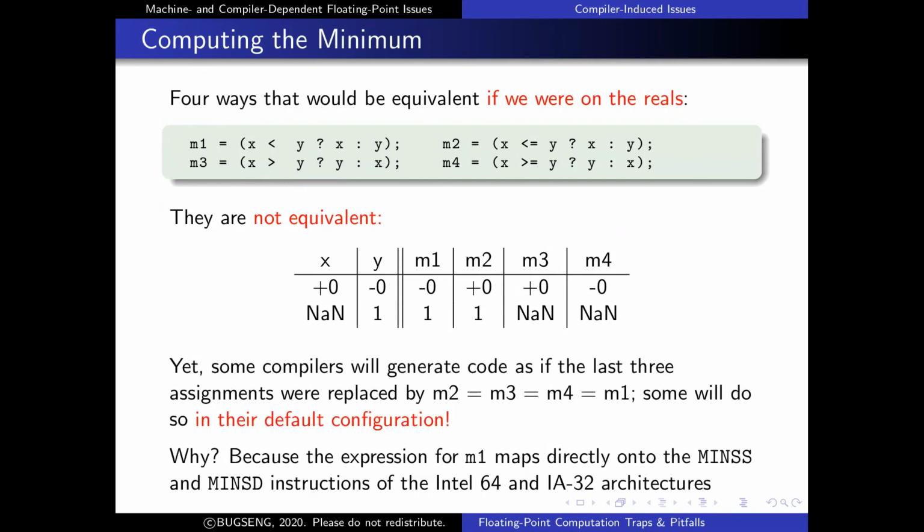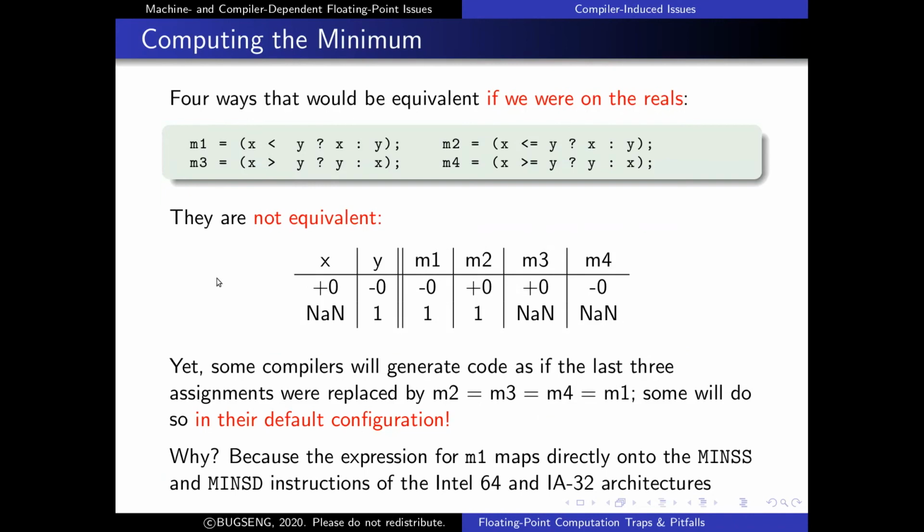However, compilers will generate code as if the last 3 assignments were replaced by M2, M3, and M4 assigned to M1. So they will compute the same values as if the definition was the one used for M1.